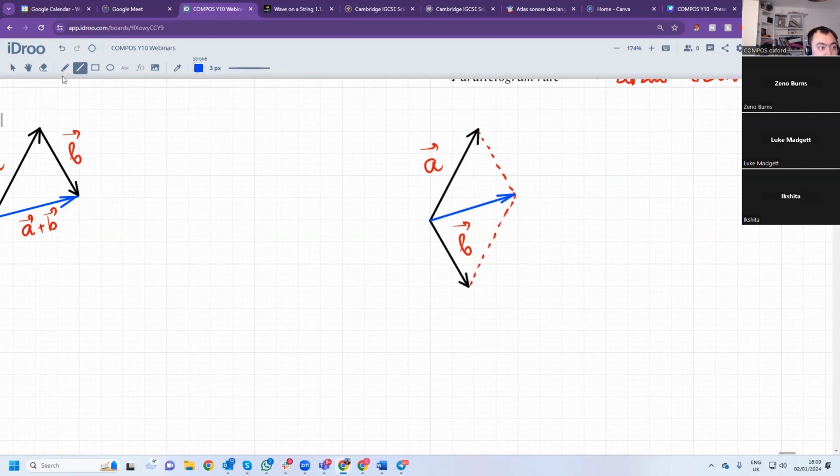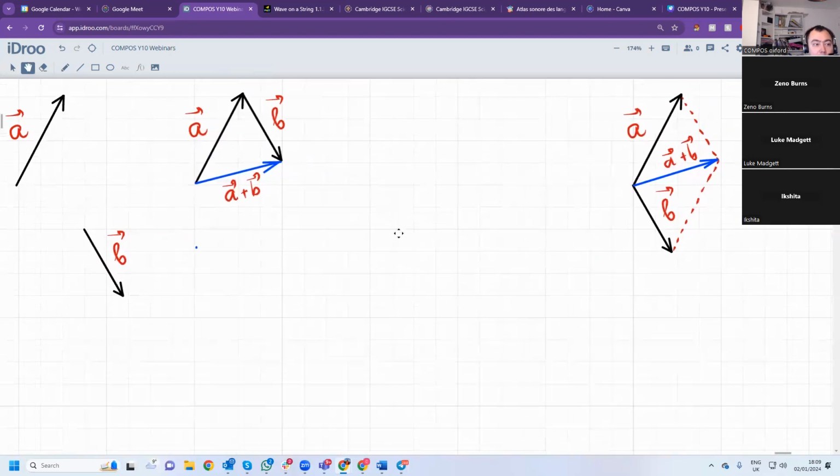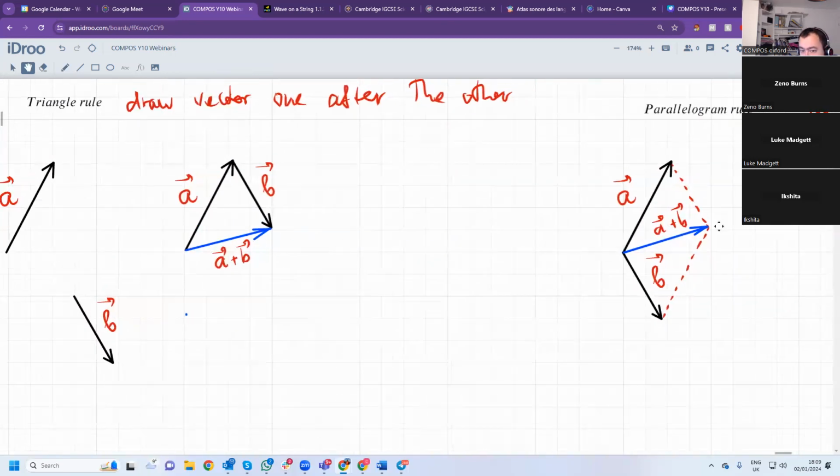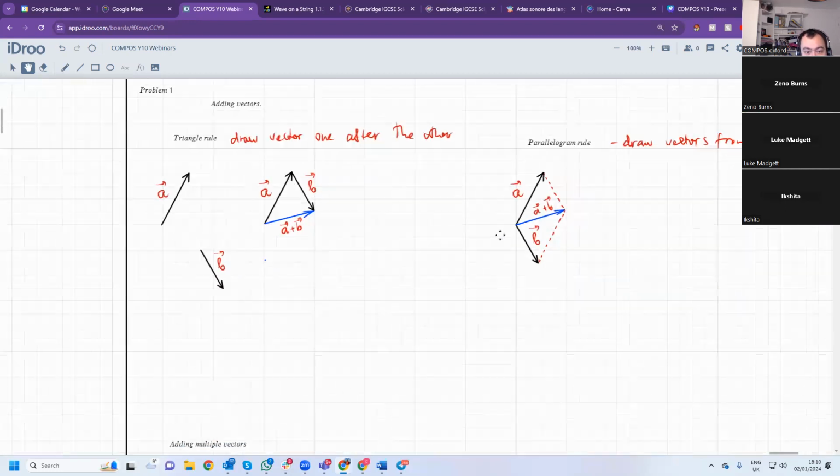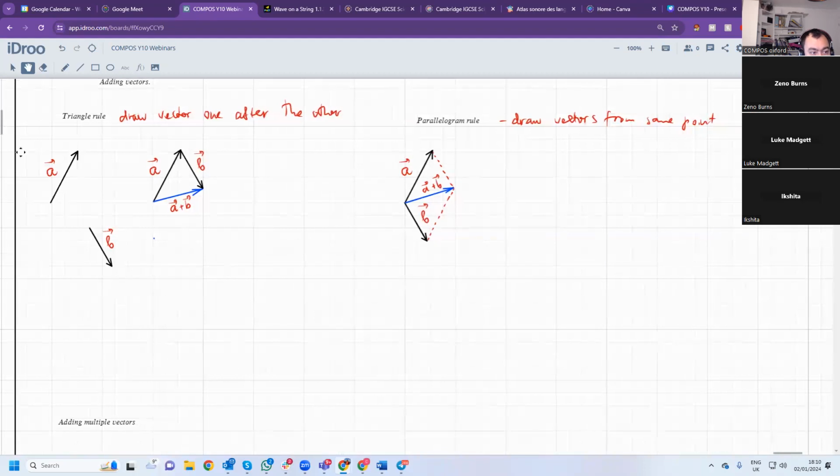The diagonal is A plus B. And you can see that A plus B here and A plus B here are the same thing, right? They are the same vector. We've achieved the same result in two different methods.